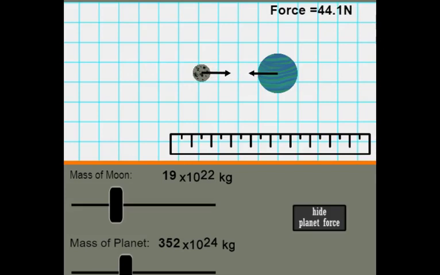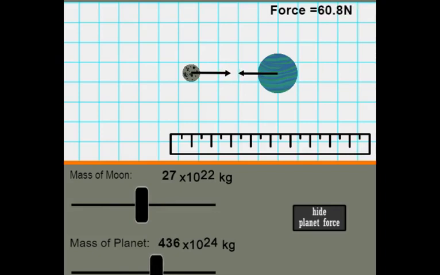So the distance between the moon and the planet is definitely contributing to how much force the two are feeling. The other thing that's going to affect the amount of force between the two are the masses. If I increase the mass of the moon, notice the amount of force increasing. If I increase the mass of the planet, notice the amount of force increasing.